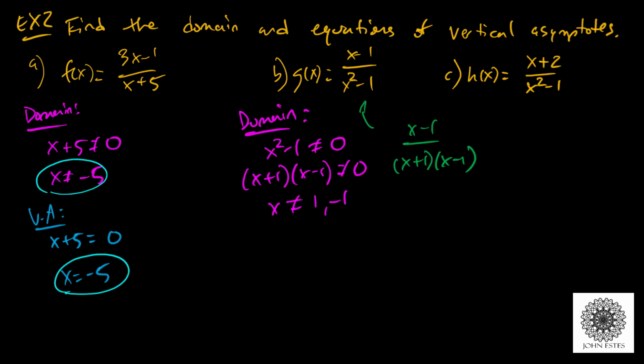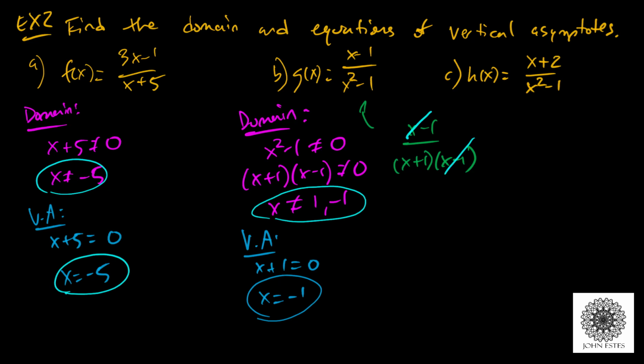And now notice that I have some stuff that cancels out. So since that stuff canceled out, that does not relate to my vertical asymptote. So my vertical asymptote is just what's left over set to 0. So my vertical asymptote is at x equals negative 1. Now compare, I have the domain is anything but 1 and negative 1. But my asymptote's just at negative 1, which tells me that at 1 here, what happens? There's just a hole in the graph.